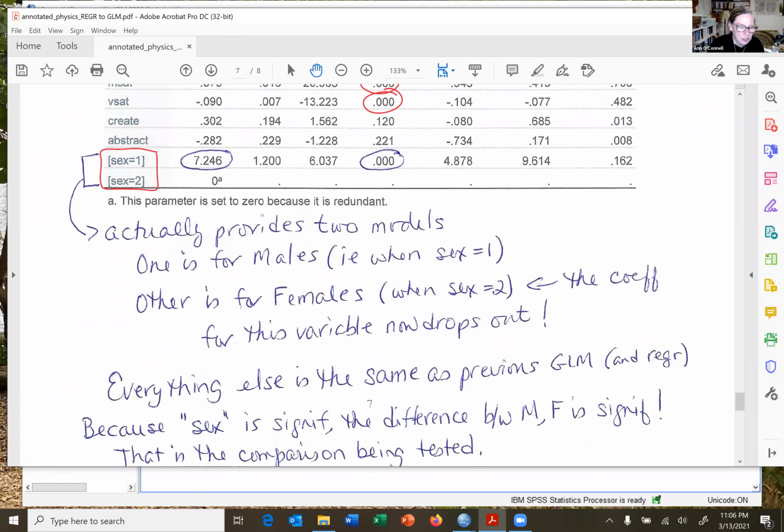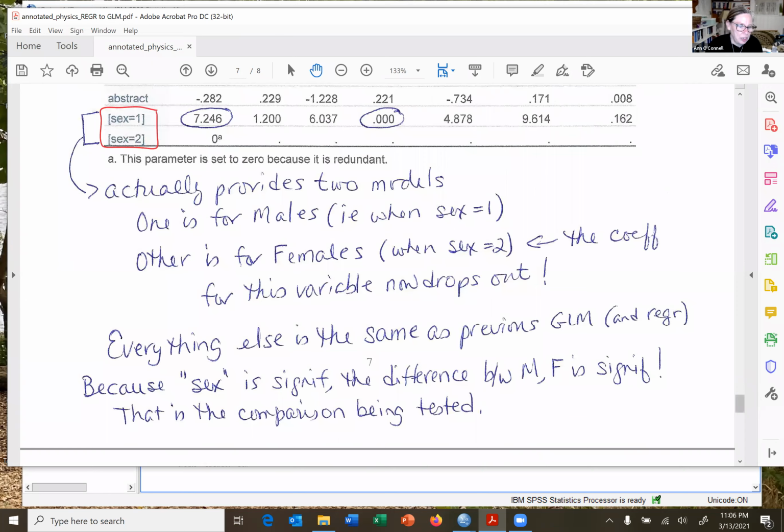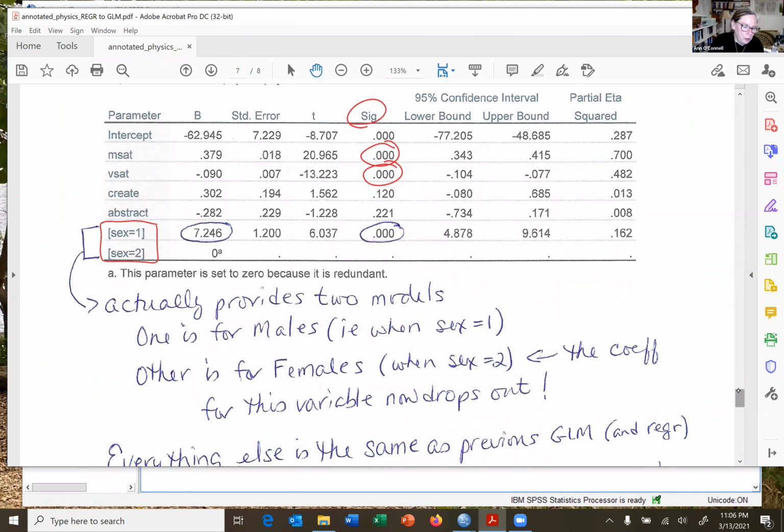And here we can see that the analysis is actually providing those two models. So we're getting one model for males. That's when sex is equal to 1. So we would add those 7.246 points to our prediction for physics achievement. The second model would be for females. Everything else would be the same, but we're not adding anything for the contribution of females, the way that we set up this model.